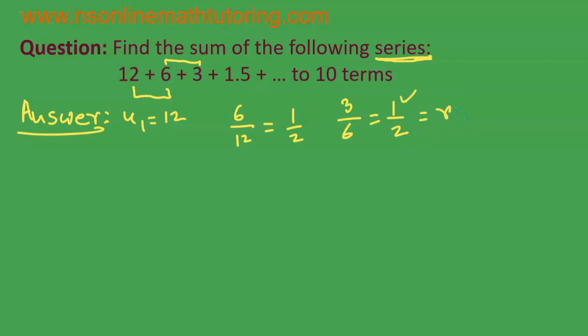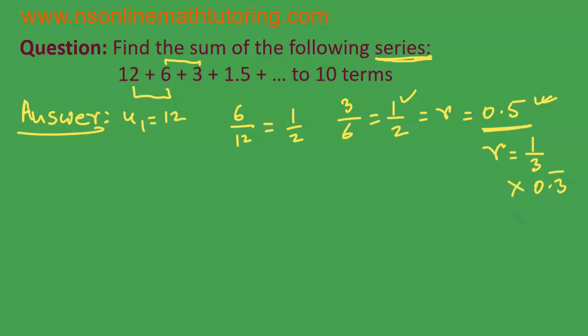And half is in a fractional form. I may convert it to a decimal number, 0.5, because it is a terminating decimal number. It is exactly equal to 0.5. But in case you are having the R value as say 1 over 3, never convert this to 0.3 recurring.